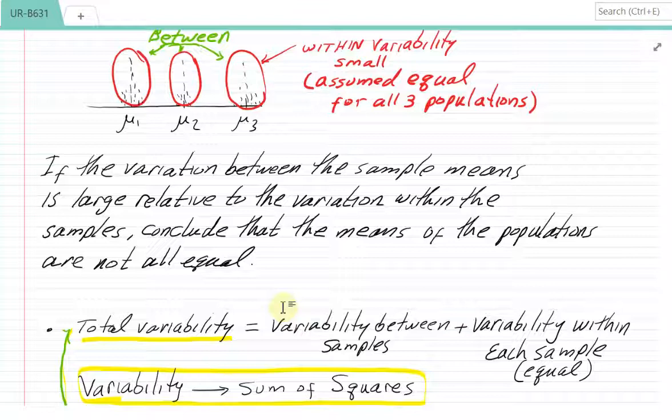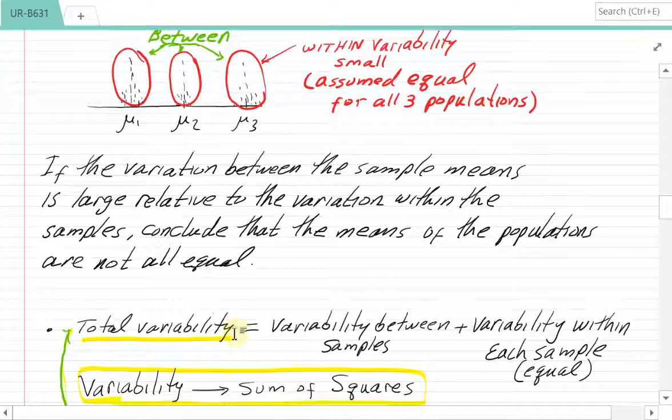Okay, so remember, the analysis of variance is a partition of total variation in the dependent variable, the y variable, if you will. So we say, let's look at that total variability, and that's going to be equal to the variability between the samples plus the variability within each sample. This total variability is the variability for all of these points combined, regardless of where they have come from.